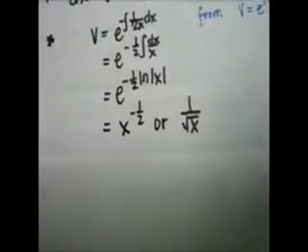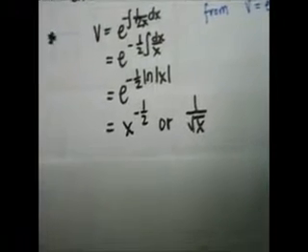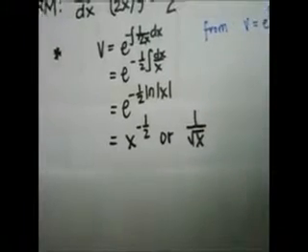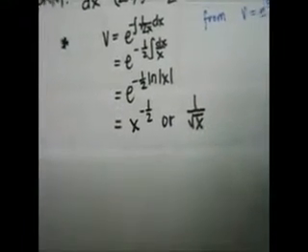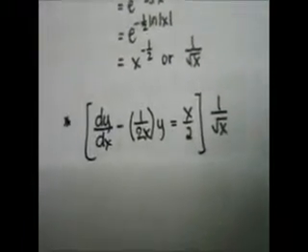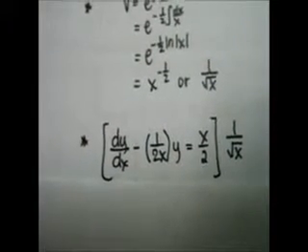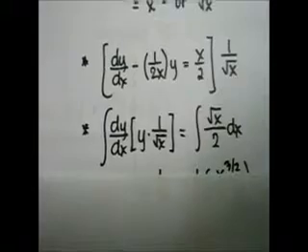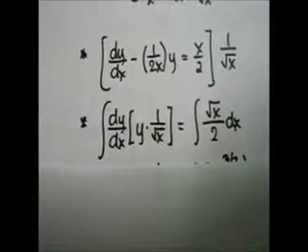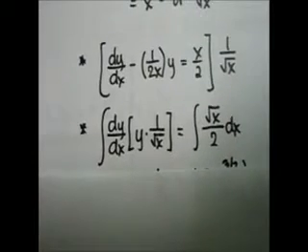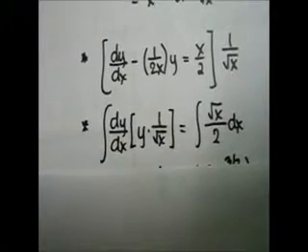Simplifying it further, we have x to the negative 1/2. So having the integrating factor 1 over square root of x, or x to the negative 1/2, we now multiply it to the standard form. We all know that dy over dx minus 1 over 2x times y times the integrating factor is just equal to dy over dx times the independent variable y times the integrating factor 1 over square root of x.